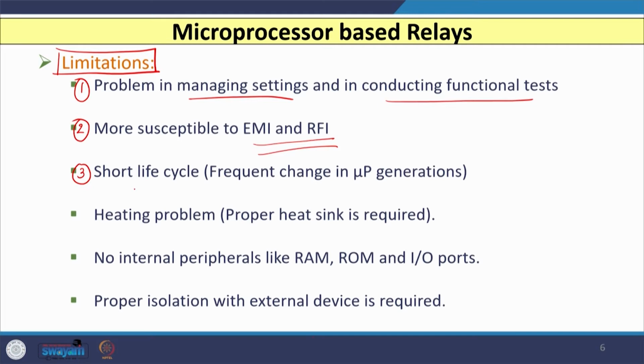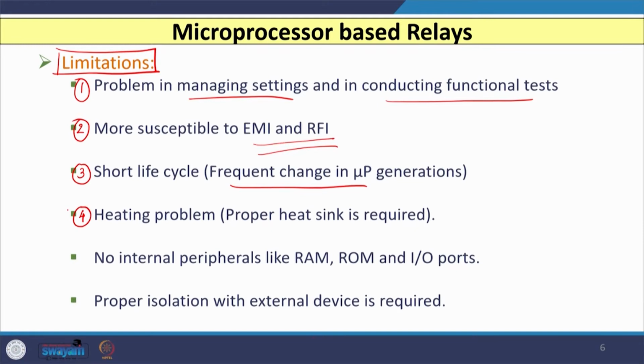Similarly, in microprocessor based relays also, there is a frequent change in the generation of microprocessors, and the user of such type of relay has to become well acquainted with such changes in generations, and maybe these generations last maybe 6 months or 1 year. So, the engineer working in the utility has to create an expertise in such type of generation changes.